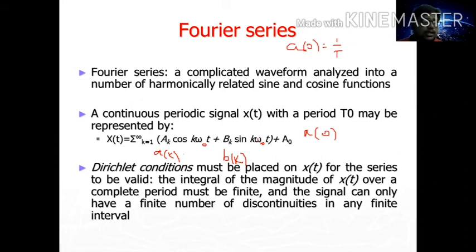This is for the continuous time representation, so I represent it in integration form: integral over the fundamental period T. Inside the integral you put x of t, and our integration is with respect to t, so I put dt. So a of 0 is equal to 1 over T times the integral over the time period of x of t dt. This is the a naught.